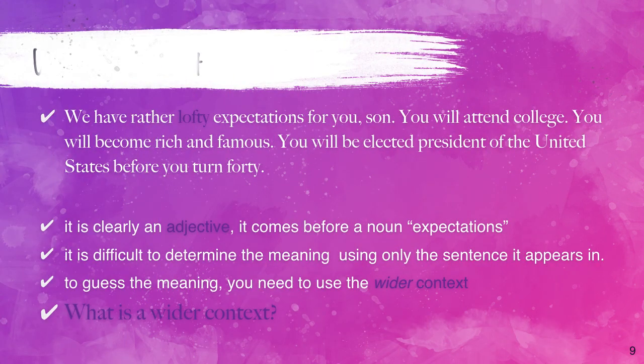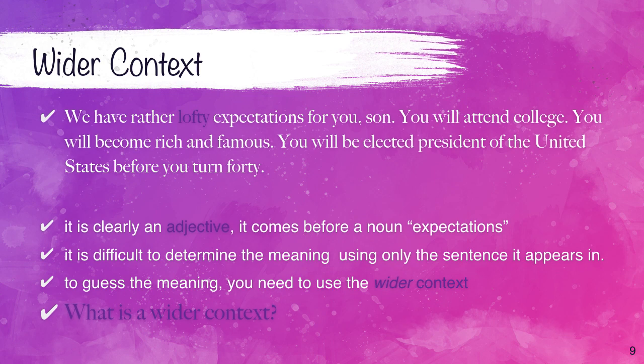Now let's have a look at the following example. We have rather lofty expectations for you, son. You will attend college, you will become rich and famous, you will be elected President of the United States before you turn 40. Let's imagine that we do not understand the meaning of lofty.